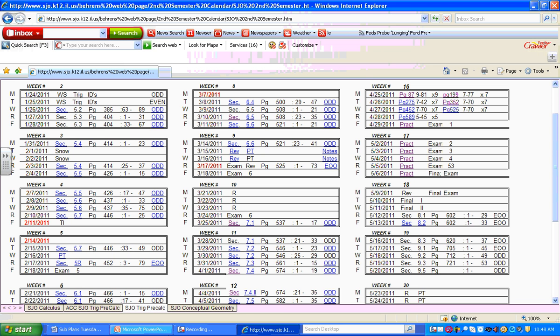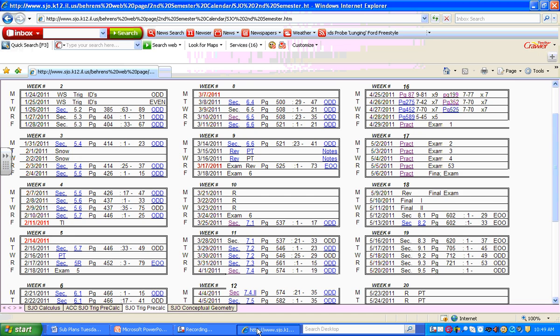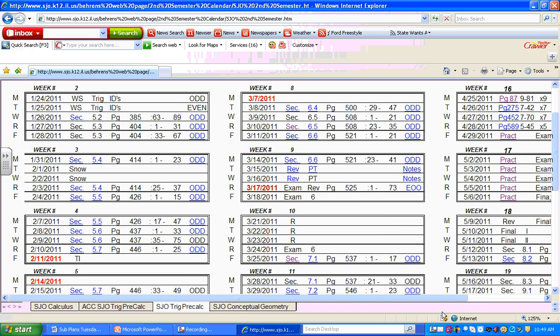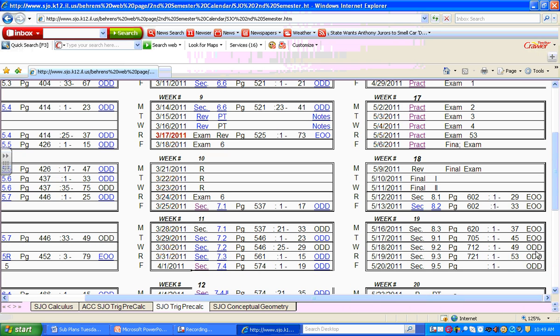Okay? So, let me go back to this. Page 705, 1 through 45, every other odd. And get started working on it now, please. And you should be able to get done before you leave.